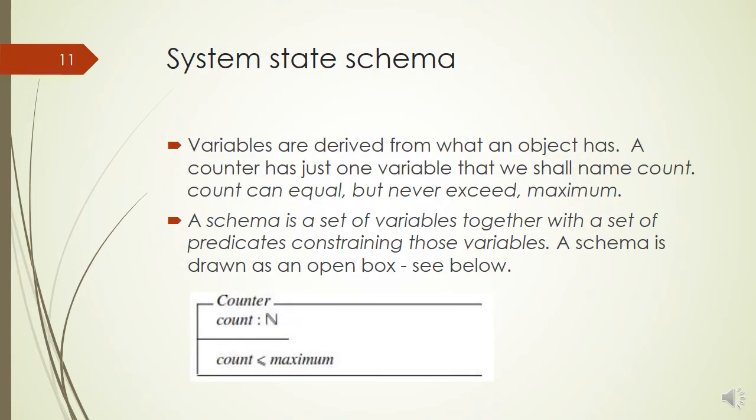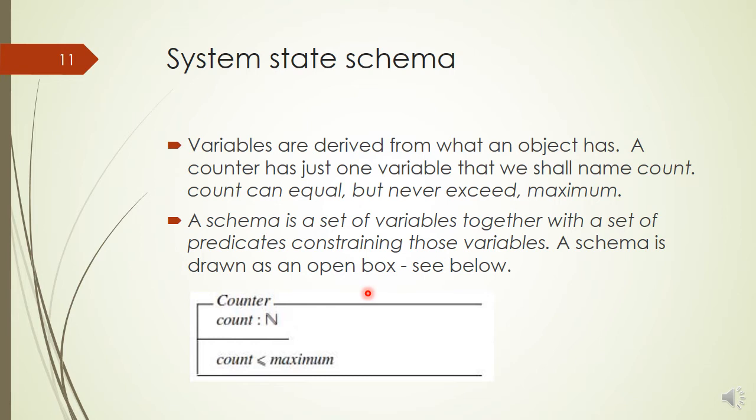Students, we use state of a system to represent that system. Therefore, system state schema is basically the representation of the whole system, and the state variables are derived from the objective of a software.